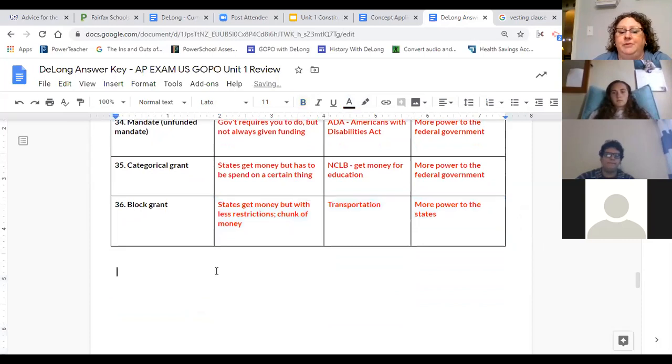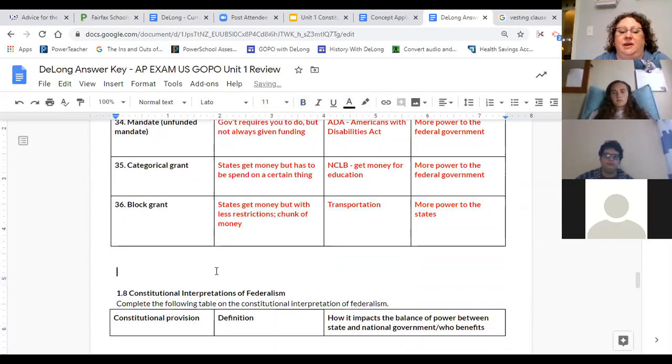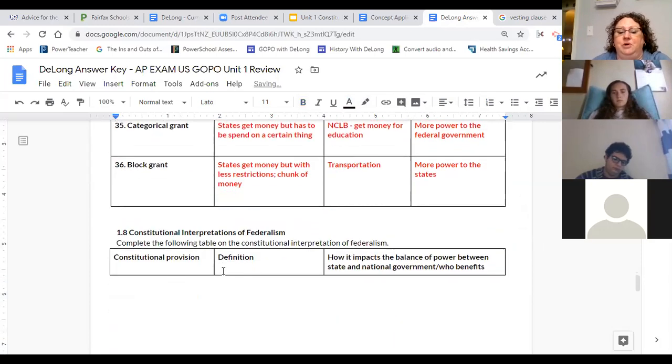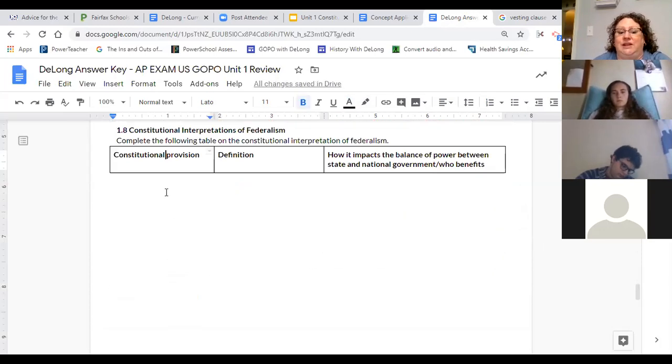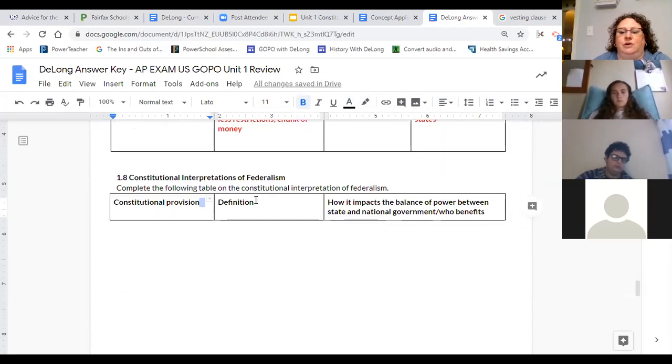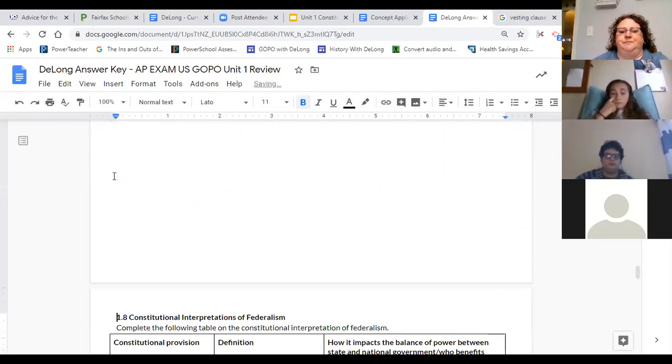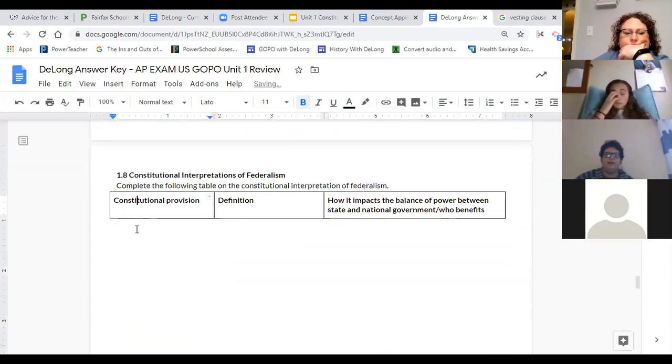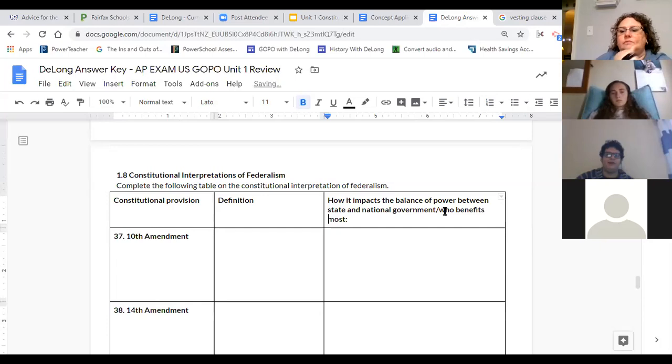Okay. So just take a moment to talk about something that's kind of completely different. There are people who were very much opposed to selective incorporation. Who remembers and could tell us what selective incorporation is? Isn't that like the application of the Bill of Rights over time or something like that?